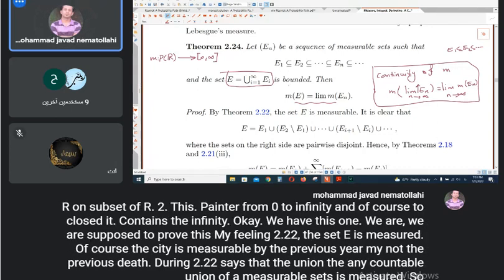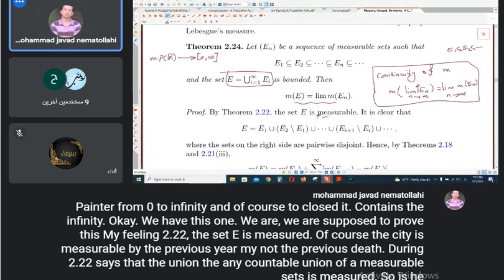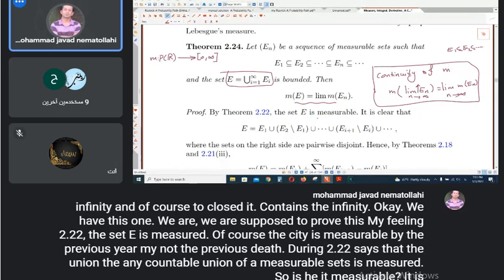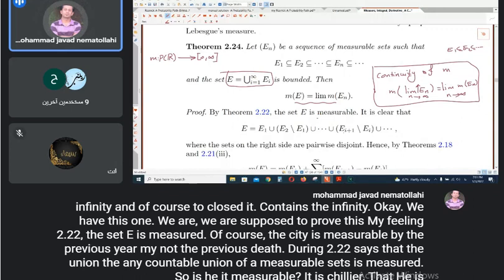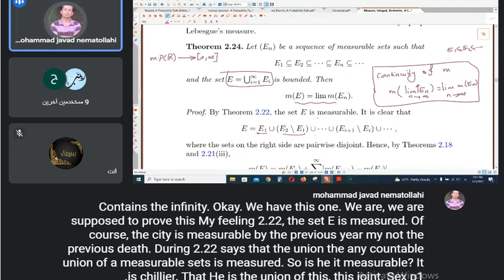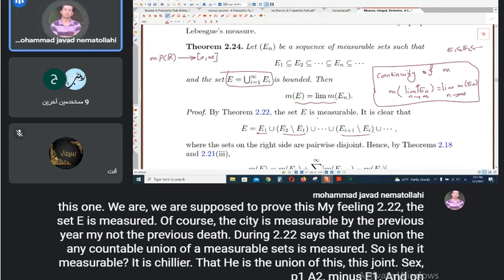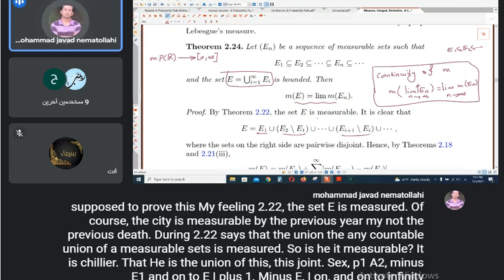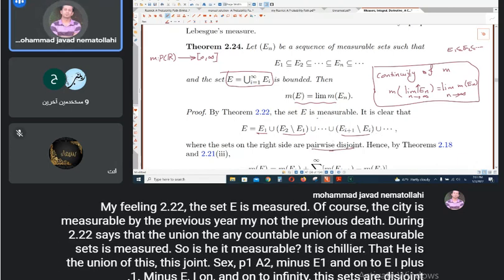So E is measurable. It is clear that E is the union of these disjoint sets E_1, E_2 minus E_1, and on and on to E_{i+1} minus E_i, on to infinity. These sets are pairwise disjoint.